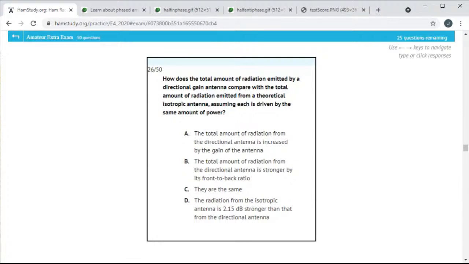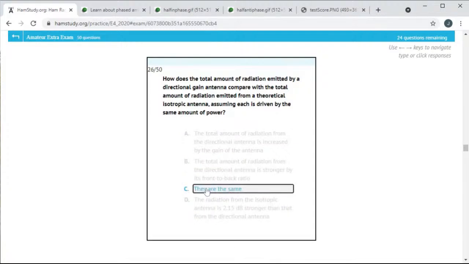B, total amount of radiation from the directional antenna is stronger by the front to back ratio. C, they are the same. D, the radiation from an isotropic antenna is 2.15 dB stronger than that of a directional antenna. They are looking at the total power, so it is the same.